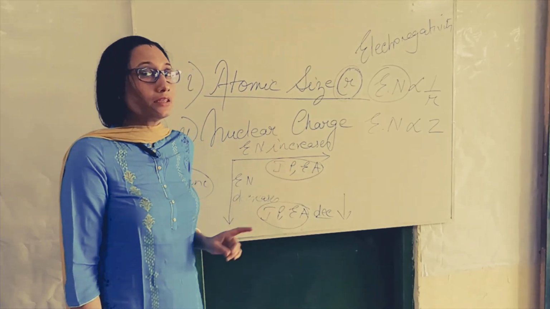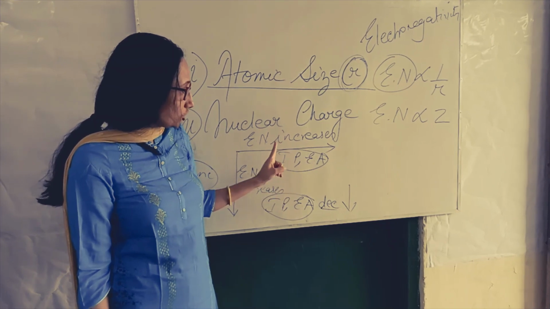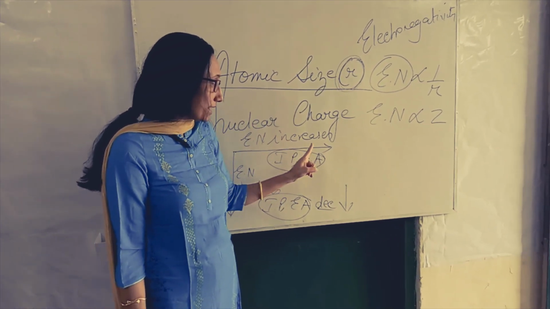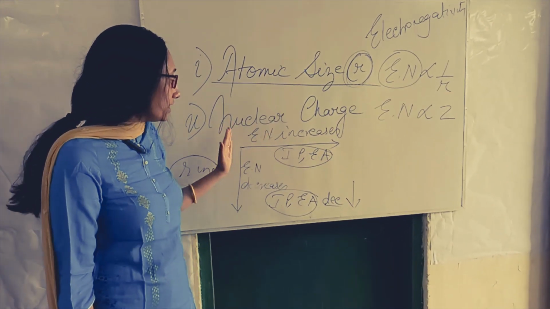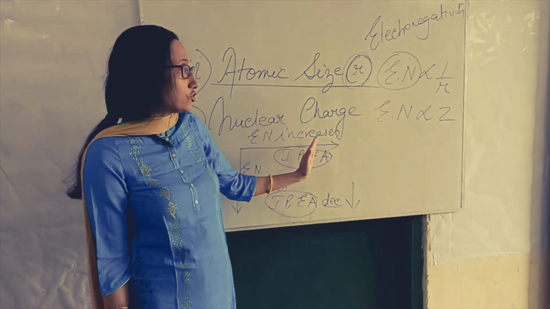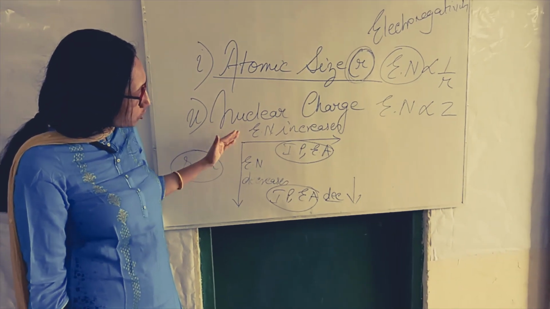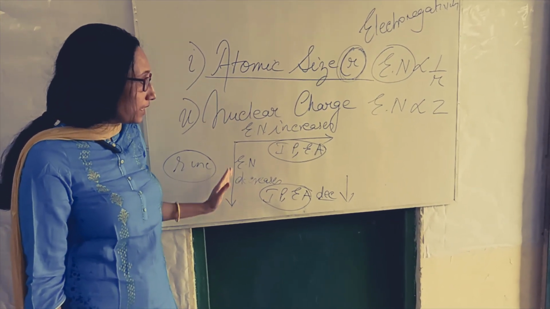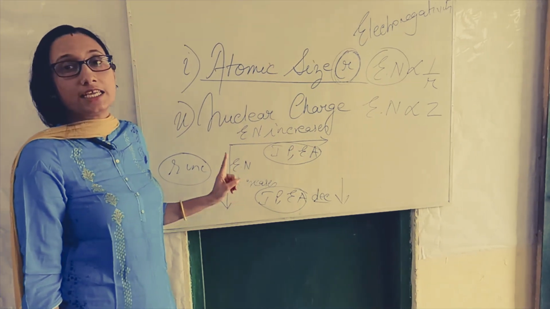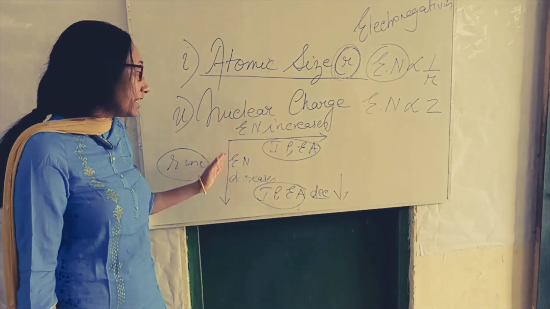So once again, I am repeating, electronegativity, ionization potential, electron affinity increase across a period from left to right. While traveling from top to bottom down a group, they decrease.